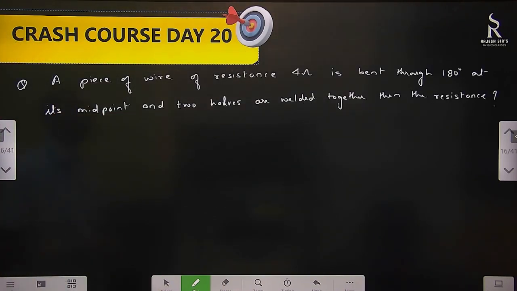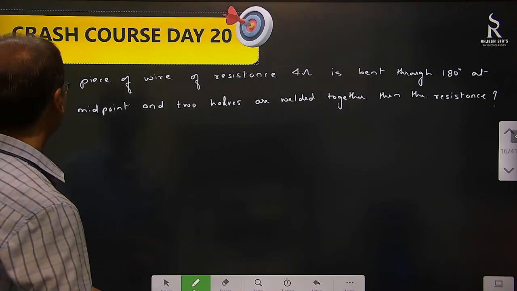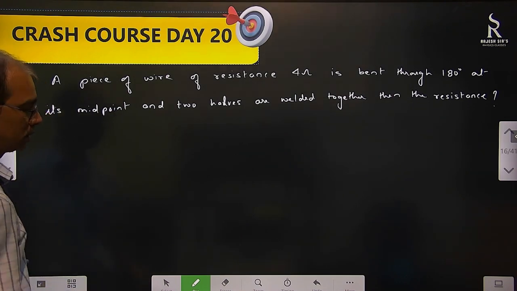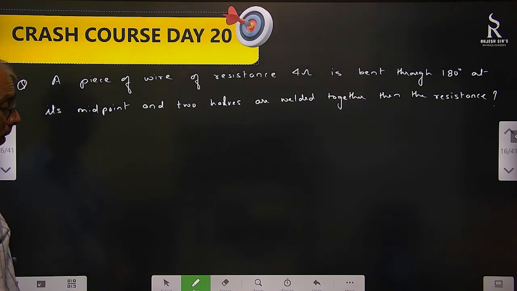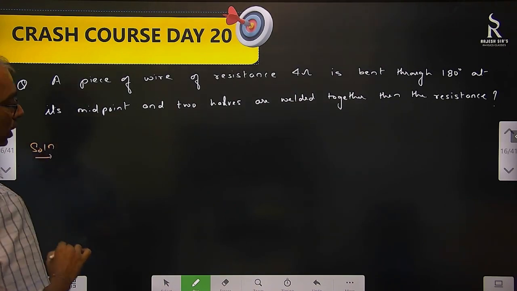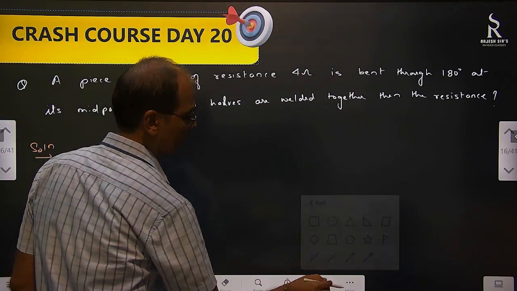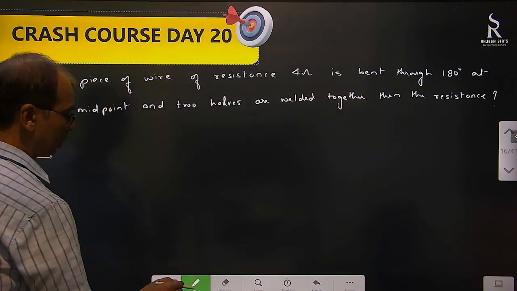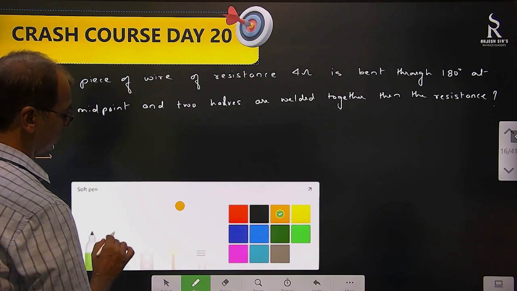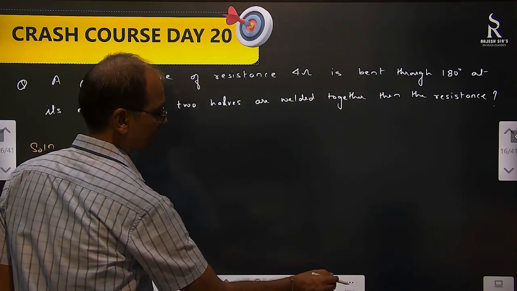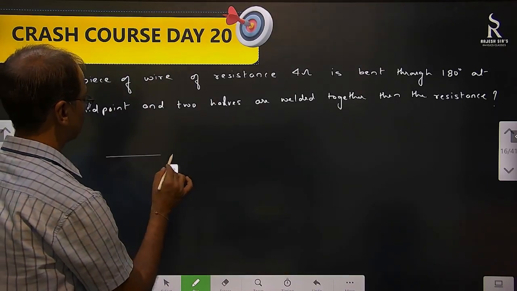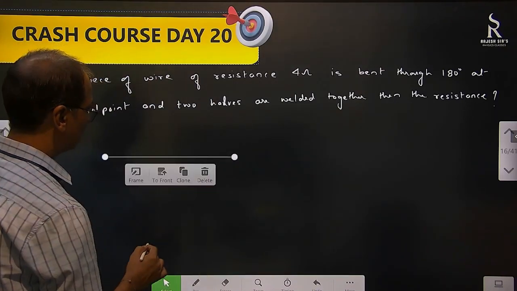A piece of wire of resistance 4 ohm is bent through 180 degrees at its midpoint and two halves are welded together. Then the resistance is? So there is a wire like this, but its thickness is not increased.